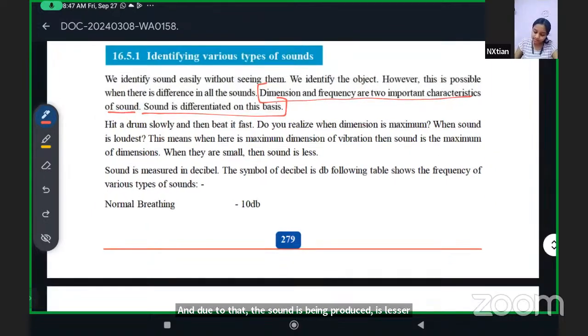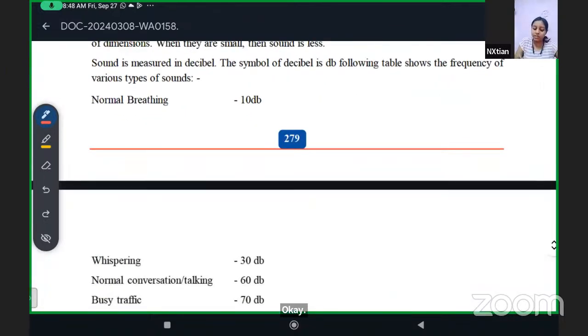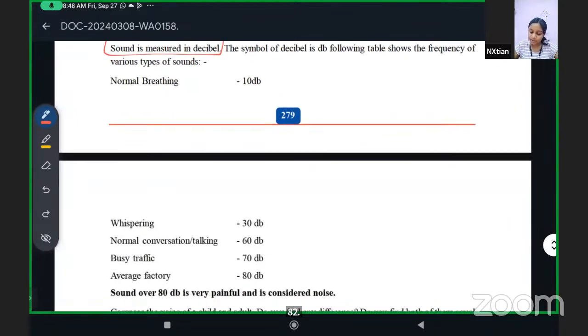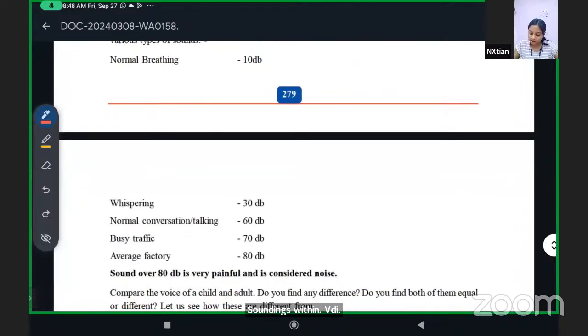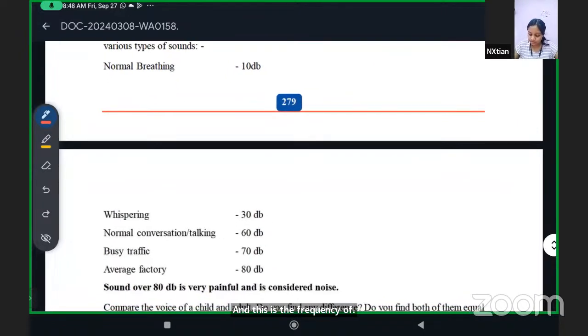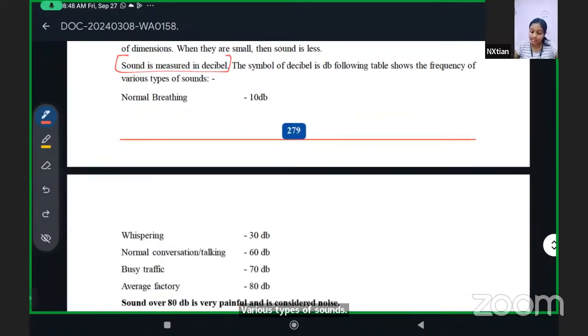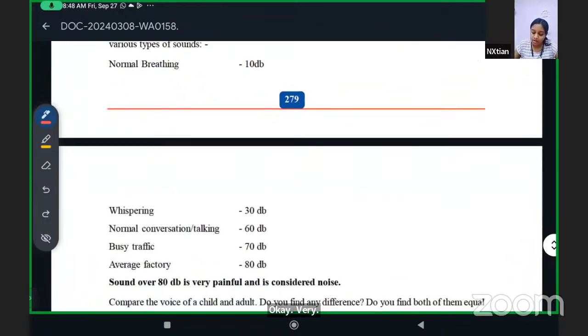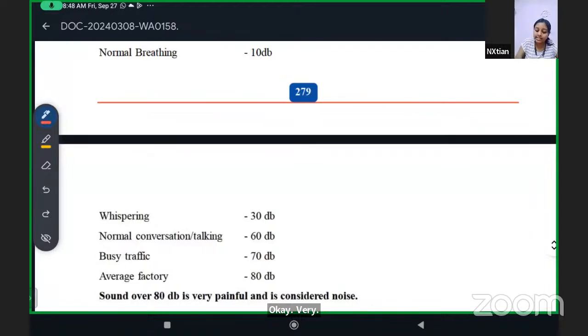Okay, and what is the measuring unit of sound? It is the decibel, dB. Sound is measured in decibels, and this shows the levels of various types of sounds. Normal breathing is 10 decibels, which means very little sound.